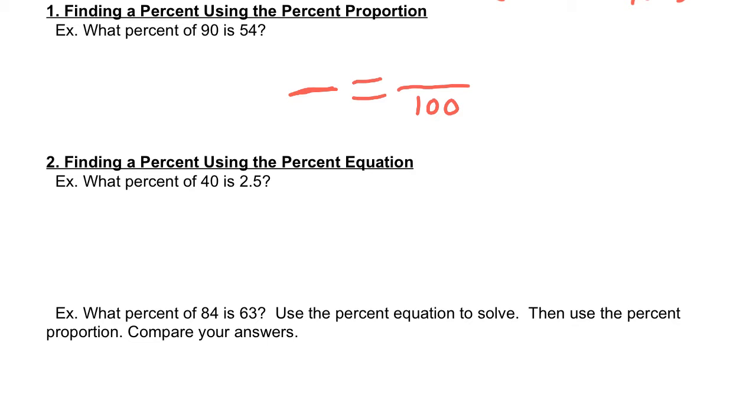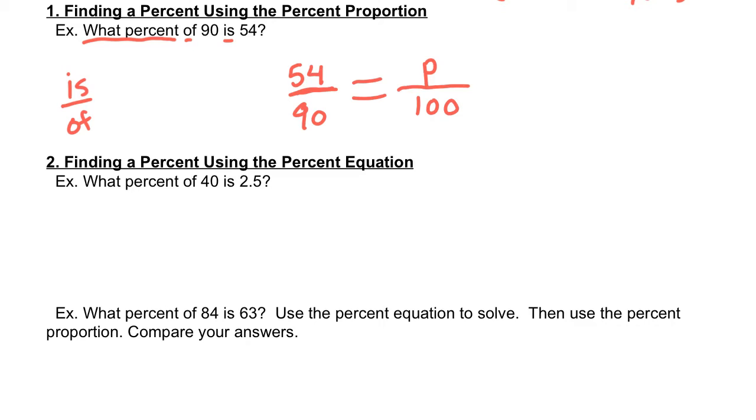If we're trying to figure out what percent of 90 is 54, we're looking for the percent P out of 100 for 54 out of 90. So 54 would go on the top, 90 would go on the bottom. Now this is a common thing to use. It doesn't always work, but it's a good thing to follow sometimes. When we write this fraction on the left-hand side, it's usually is over of. So is 54, of is 90, so 54 out of 90.